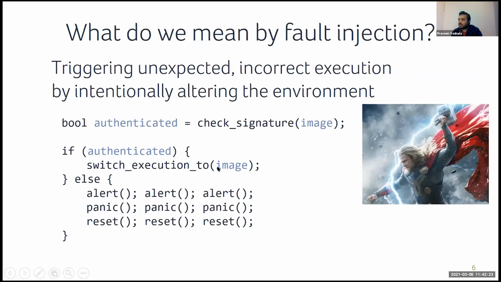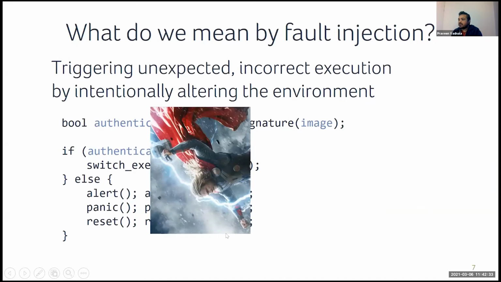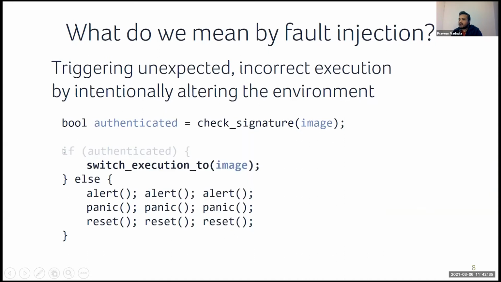Let's say we want to induce faults while this piece of code is being executed. Specifically, we want to induce a fault when this if check is being performed. As I mentioned, if authenticated is true, then it should go here.